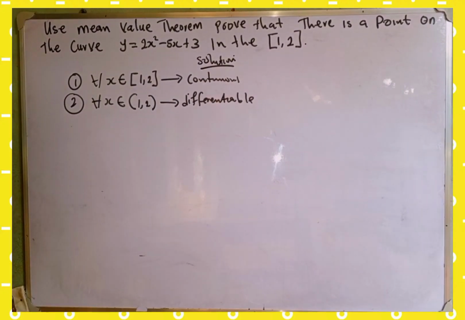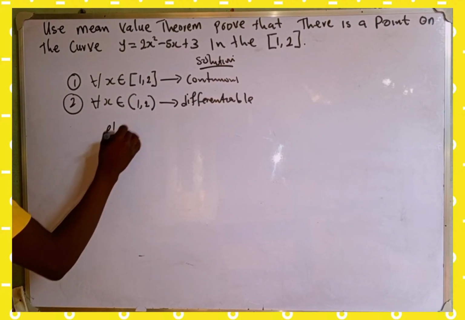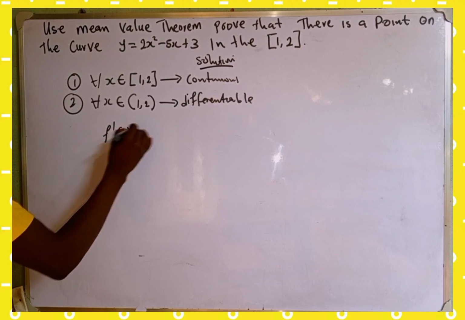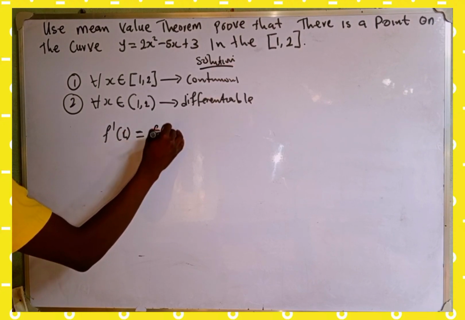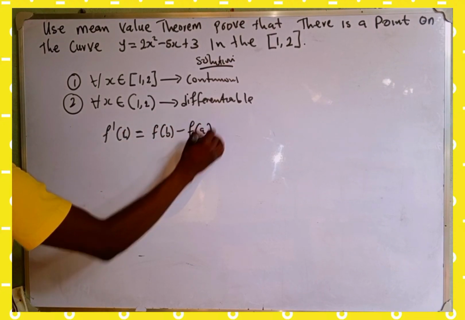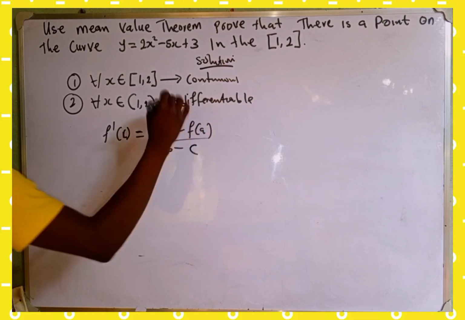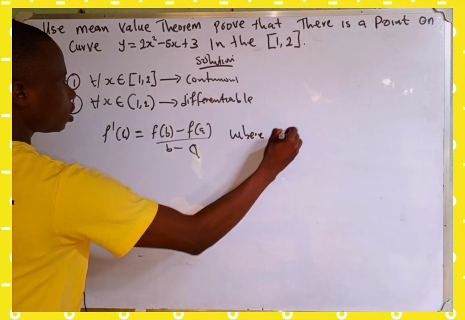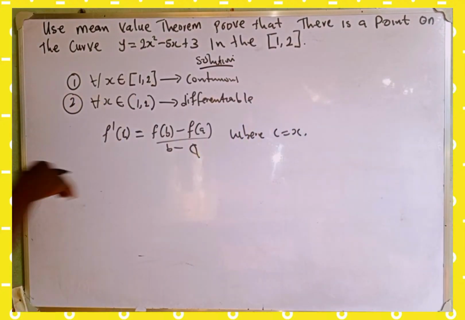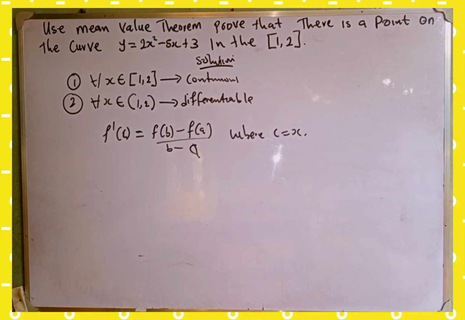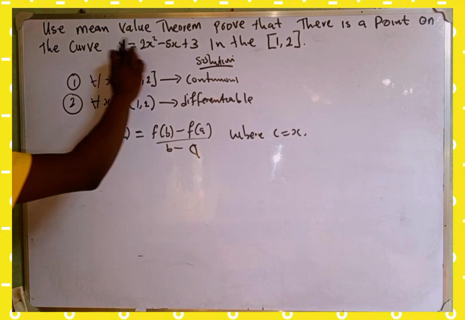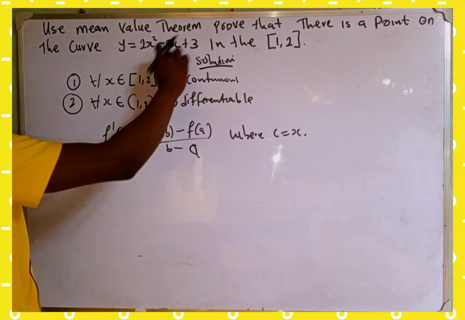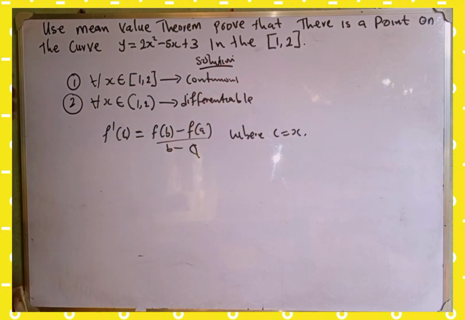Then the last condition, the general condition, is f prime of c is the same as f of b minus f of a all over b minus a, where c is equal to x. So if these conditions are satisfied, we can conclude that there is a point on this curve y is equal to 2x squared minus 5x plus 3 on this closed interval.